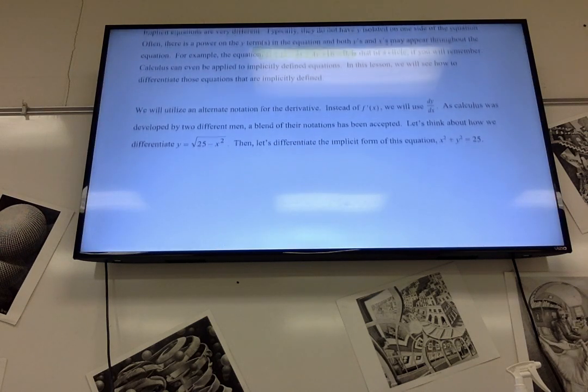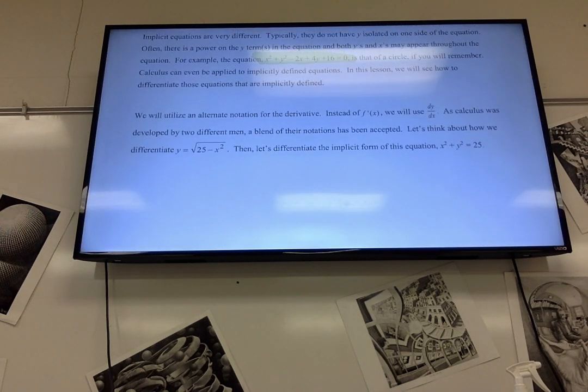So instead of saying f prime of x or y prime, we're going to start writing it, at least for these, as dy dx. The reason is there are basically two people that came up with calculus, and so there's a blending of their two ideas.